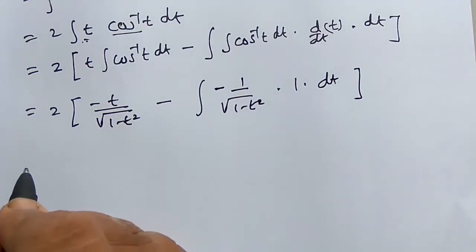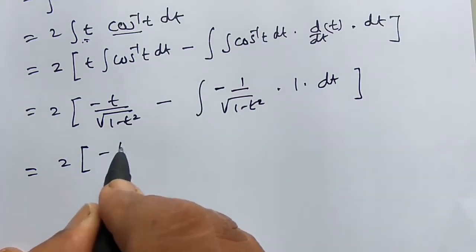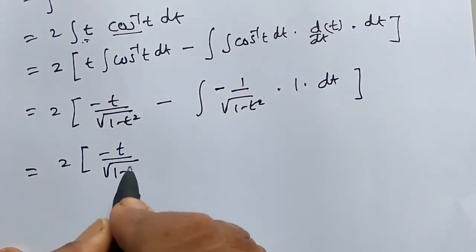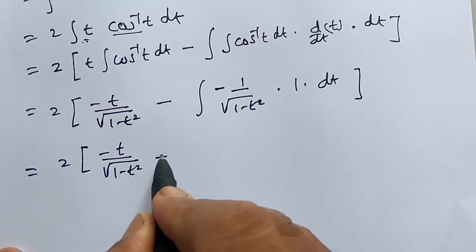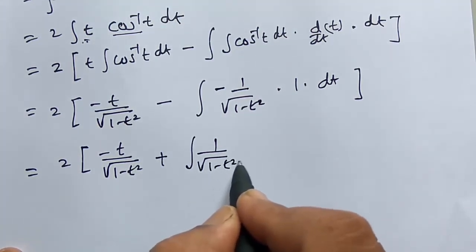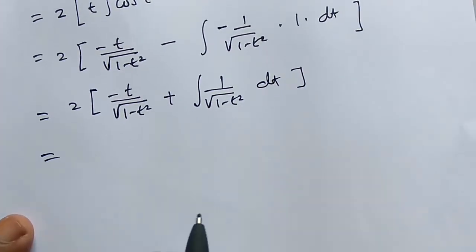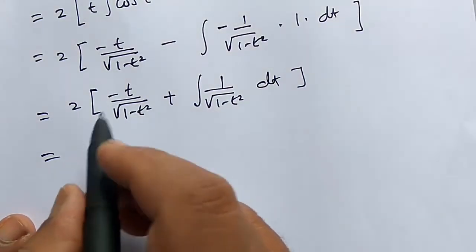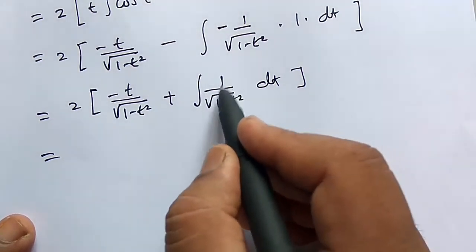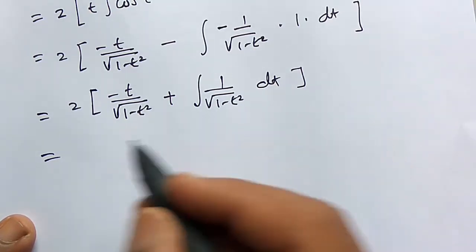bracket complete, is equal to 2 bracket, minus t under root of 1 minus t square, minus minus becomes plus, integration of 1 upon under root of 1 minus t square dt, bracket complete. Integration of 1 upon under root of 1 minus t square is equal to sine inverse of t.